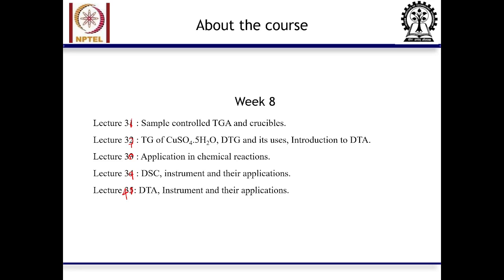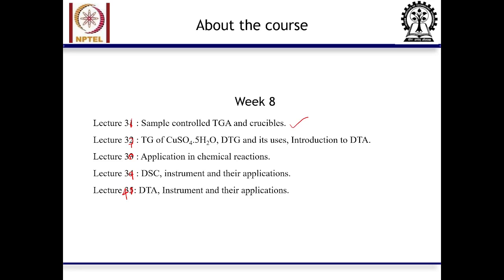For example, thermal decomposition with the formation of volatile reaction product, corrosion or oxidation of metal, formation of volatile oxide, combustion of carbon black in the environment of nitrogen and O2, multi-step decomposition, and explosive decomposition with recoil effect. This kind of thing we have seen in lecture number 36.